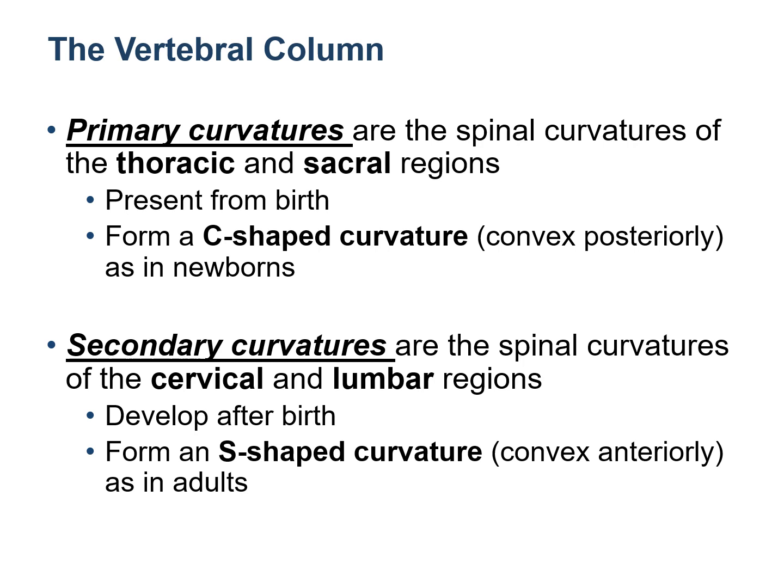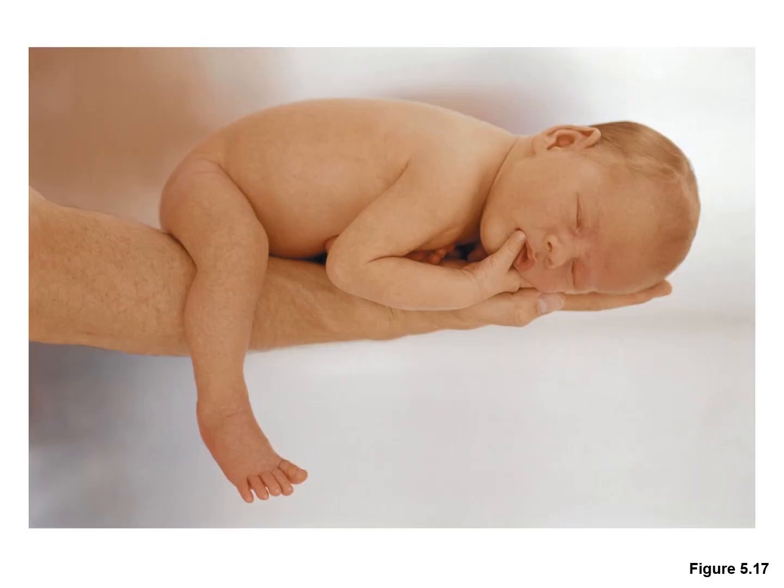That means it convexes posteriorly, as in newborns, while the secondary curvature actually gives you an S-shaped curvature where there is also an anterior convexing. You can see this in adults. This figure shows you the primary C-shaped curvature of the newborns.